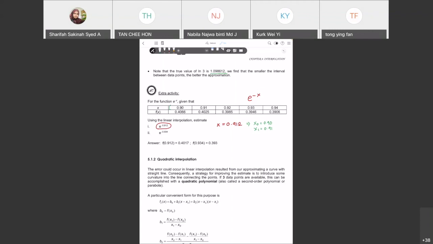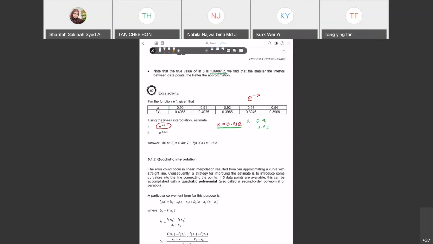So, no. Of course, this is not the right interval because the point that you want to find the value of f(x) for is 0.912. So it does not belong to this interval because we have 0.90, 0.91, and then 0.912 is here, not inside the interval. So good. Thank you for those who answered me. So the interval is 0.91 and 0.92.